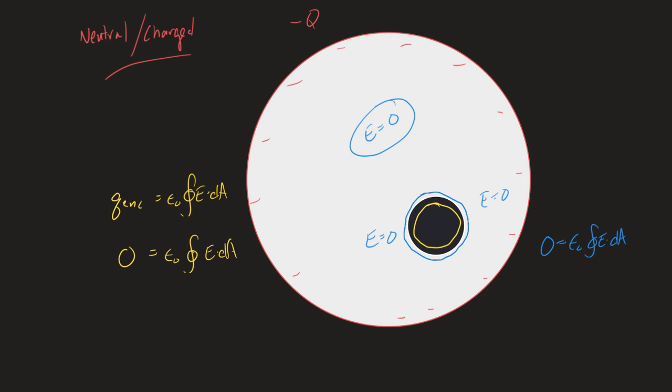Now, if I take that yellow surface and bring it out, and I take the blue surface and bring it in, you realize no matter what, it's going to show that the electric field must be 0 inside the cavity. Because as I make that blue surface get closer and closer to the actual hole, this isn't going to change. And as I make that yellow one get closer and closer to the edges of the hole, that's not going to change.